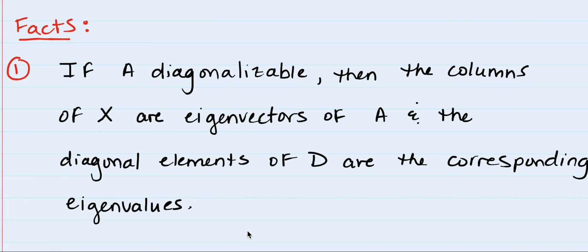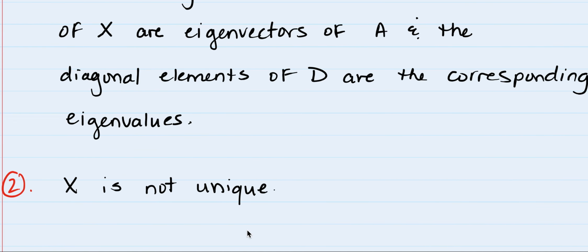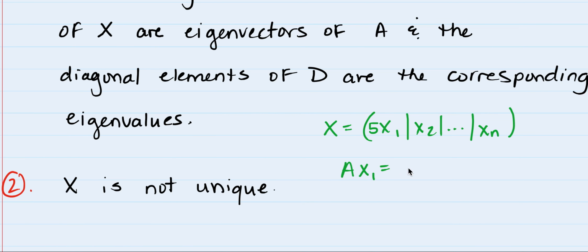The second fact is that this matrix X is not unique. Why is it not unique? Well, if you have X equal to x1, x2, and so on, and you multiply one of these eigenvectors by a scalar, let's say you put a 5 here, you know that A times x1 is equal to d1 times x1.